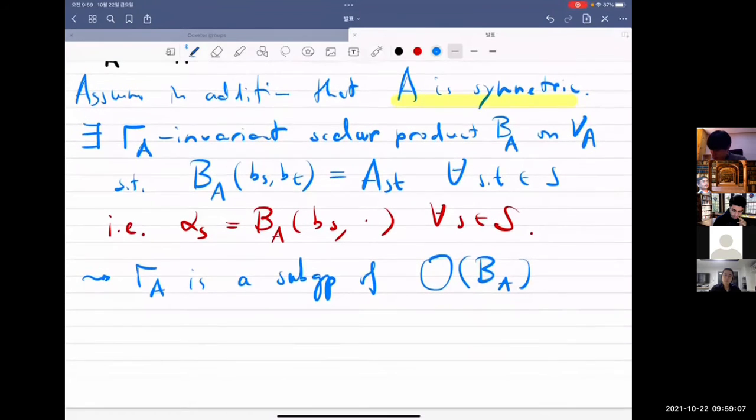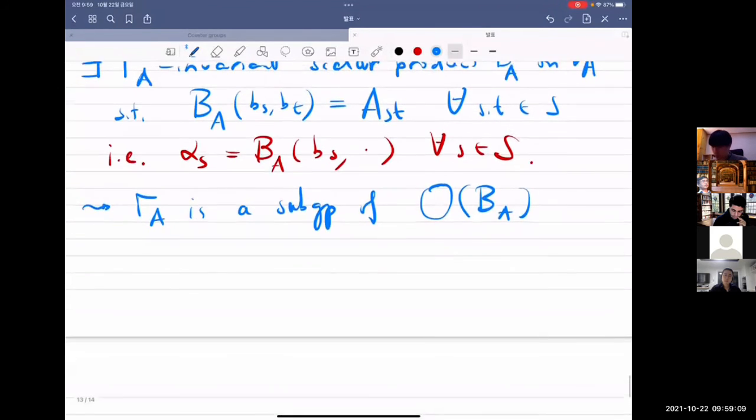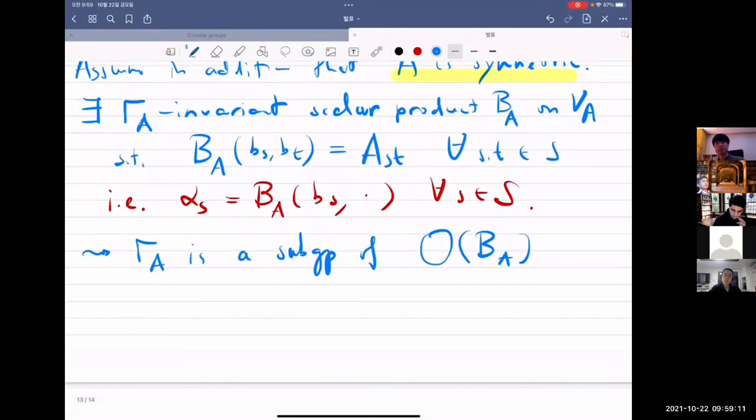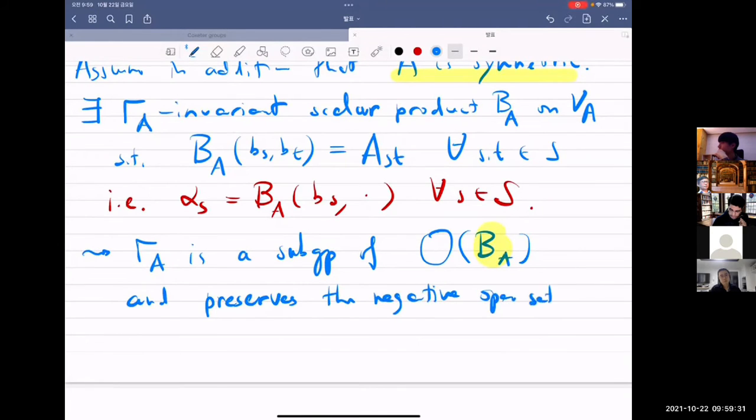So this gives us this orthogonal group of the non-degenerate scalar product BA, and of course it preserves the negative open set of A.